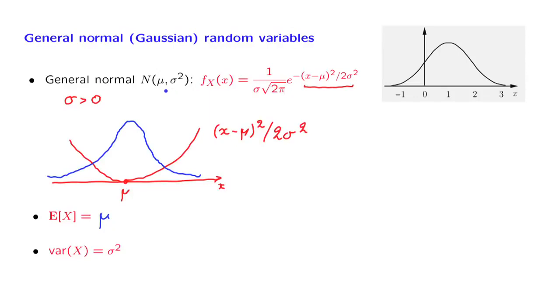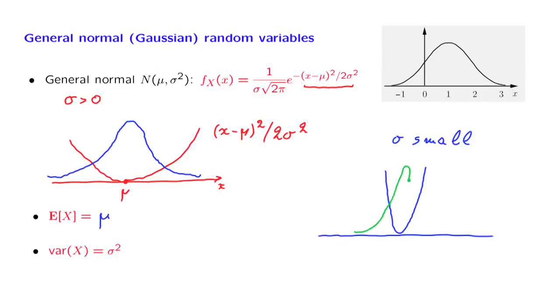To get a little bit of understanding of the role of sigma in the form of this PDF, let us consider the case where sigma is small and see how the picture is going to change. When sigma is small and we plot the quadratic, sigma being small means that this quadratic becomes larger, so it rises faster, so we get a narrower quadratic, and in that case the negative exponential is going to fall off much faster.